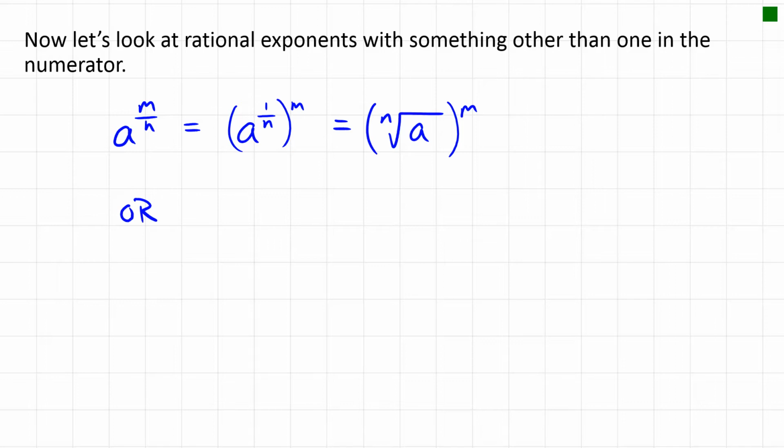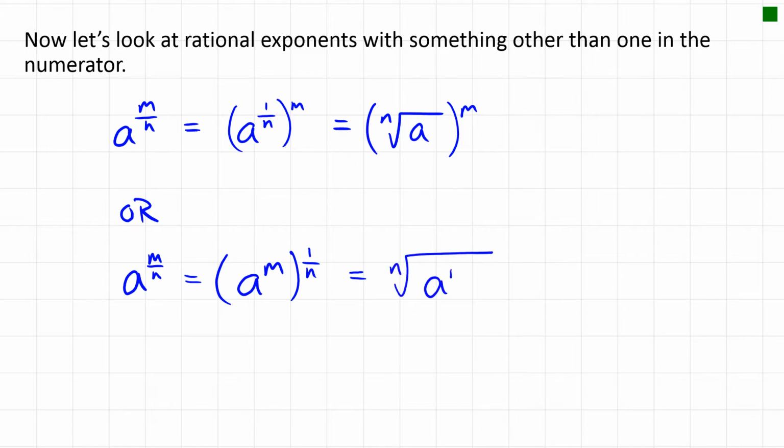Or I could do this another way. If I start with a to the power of m over n, I could write this as a to the m, to the power of 1 over n, which means that this is also equivalent to the nth root of a to the power of m.